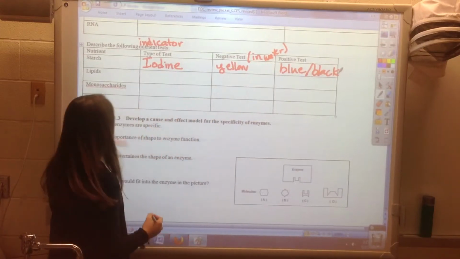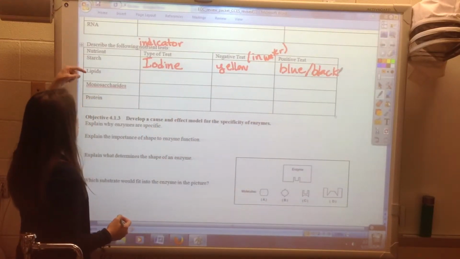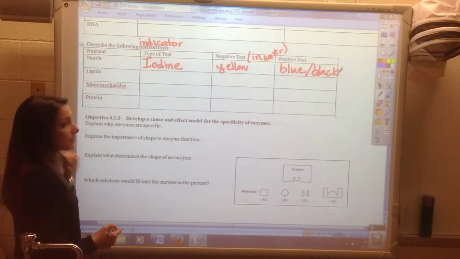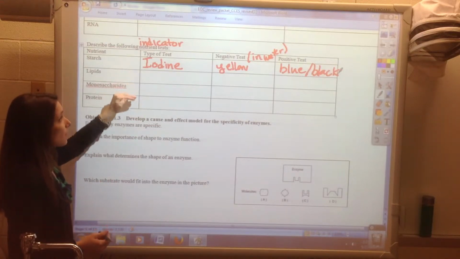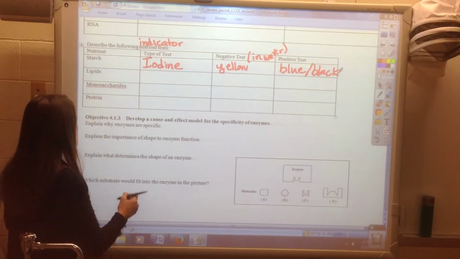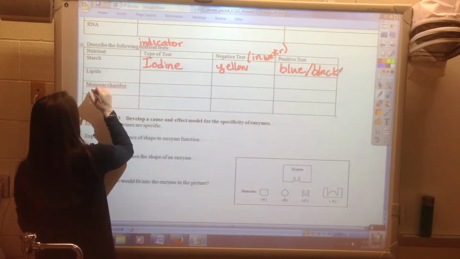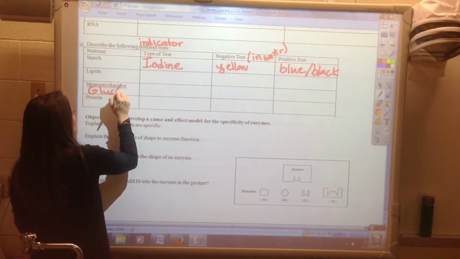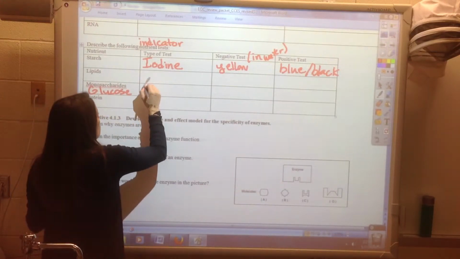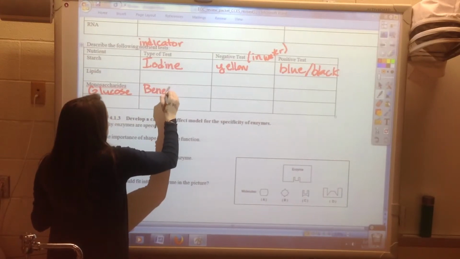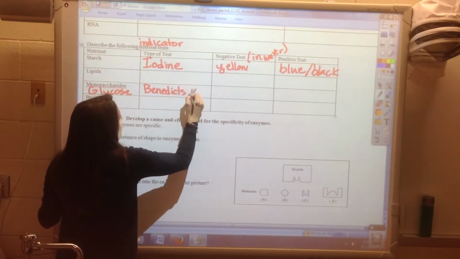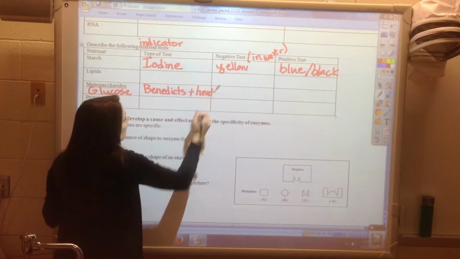And so as you go through starch, lipids, monosaccharides, and proteins, each of them had a test. Now we do want to be careful with monosaccharides. That's things like glucose. And that's the one where we use Benedict's. But we also had to add heat.